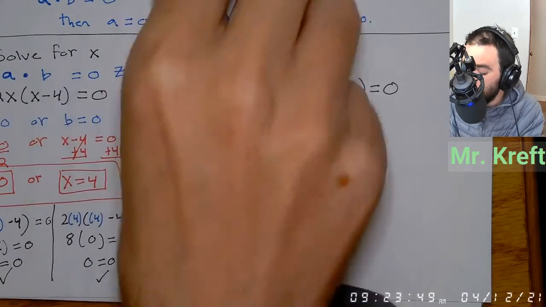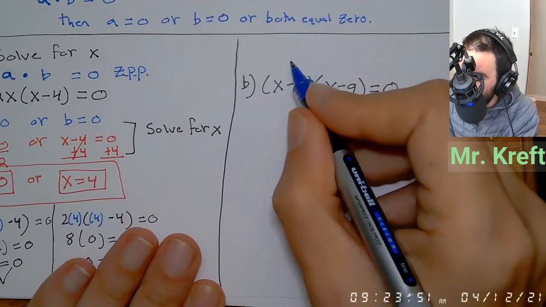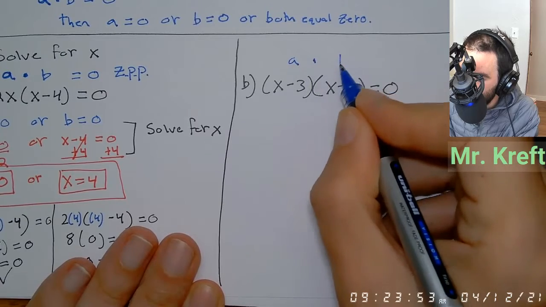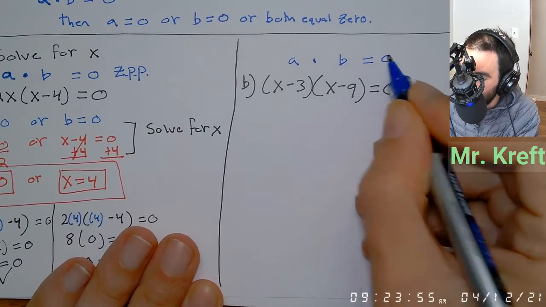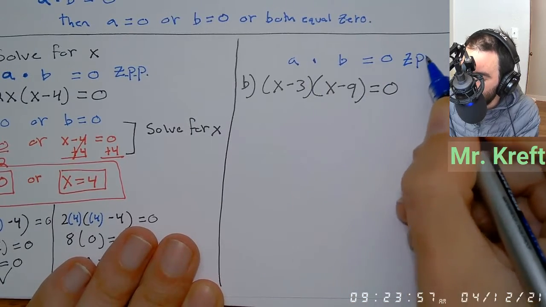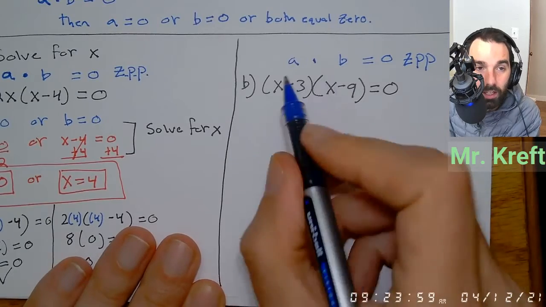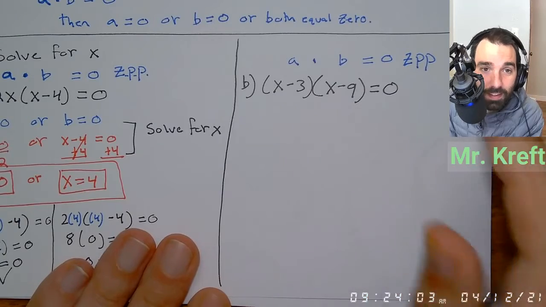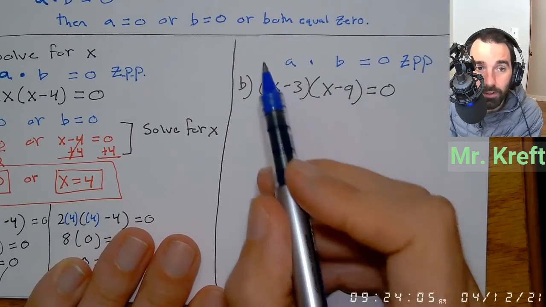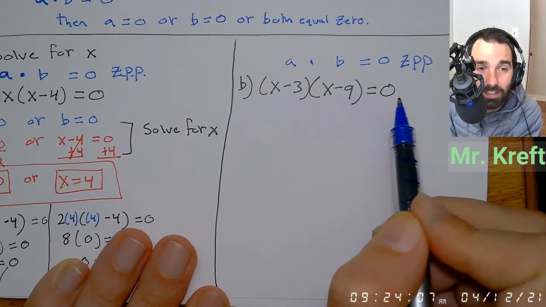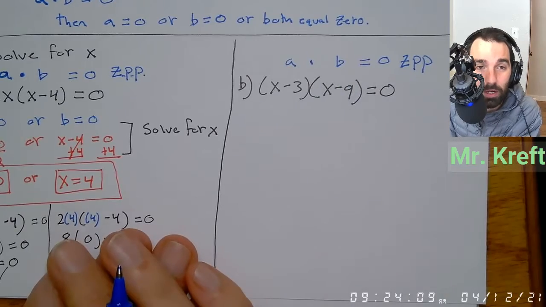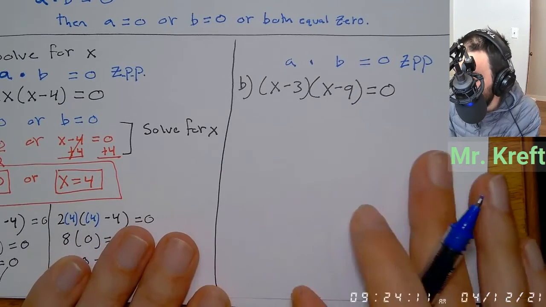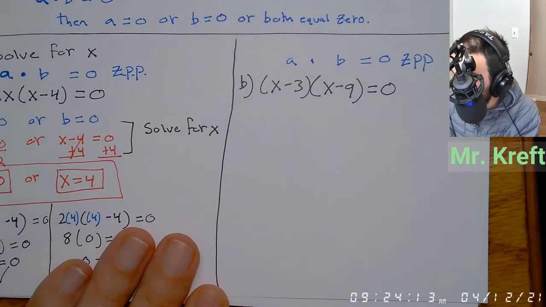The first thing I'm going to do is say, hey, I have two terms. So I have A times B, and that equals 0. So this is the zero product property. I have two things multiplying to get to 0. Hopefully by the end of this, you guys are going to have a trained eye. You're going to look for, oh, I have two things multiplying to 0, I can use the zero product property.